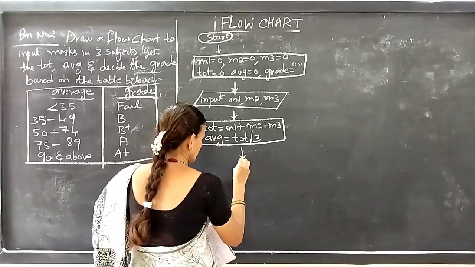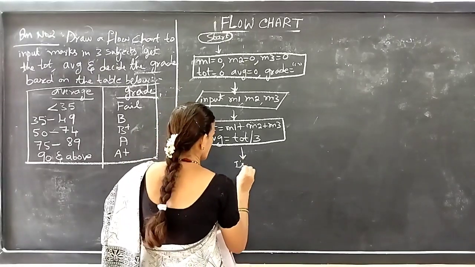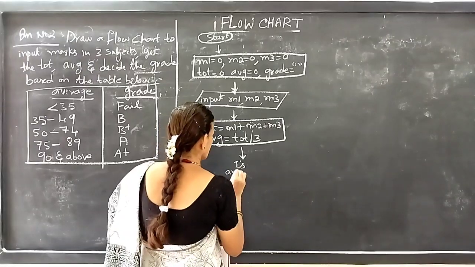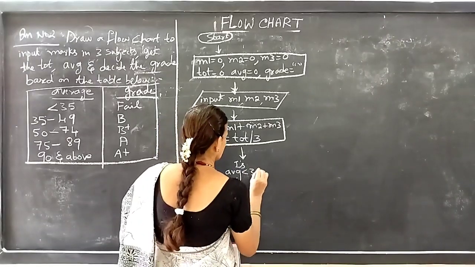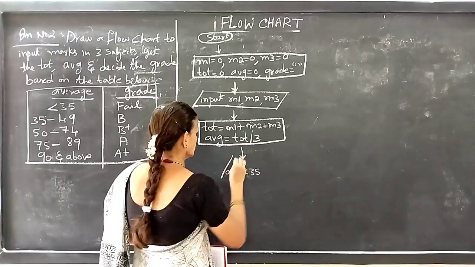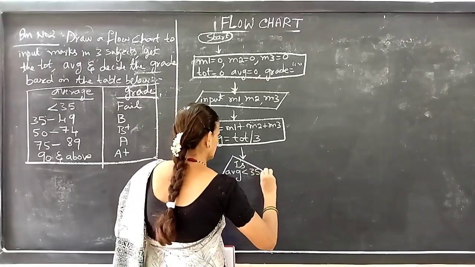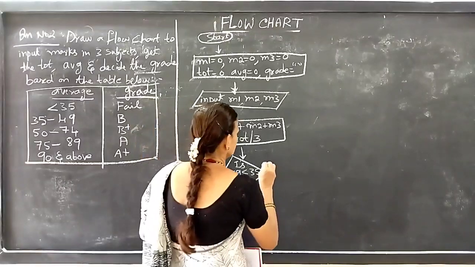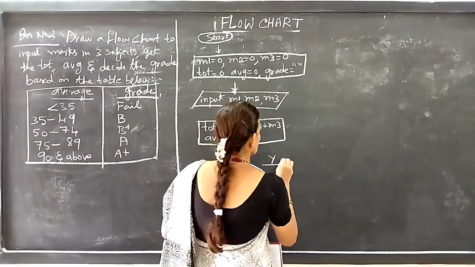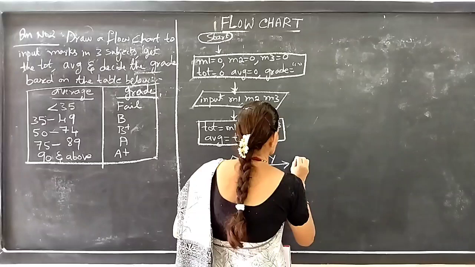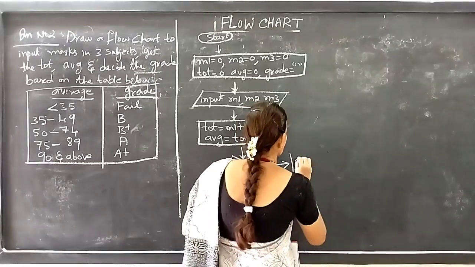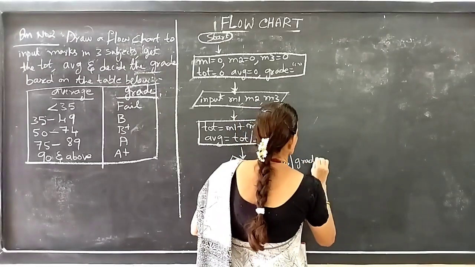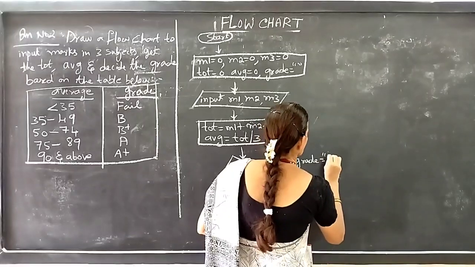Okay. Next step is you have to check whether average is less than 35. If yes, the result will be, so we should write grade is "fail", with double quotes.